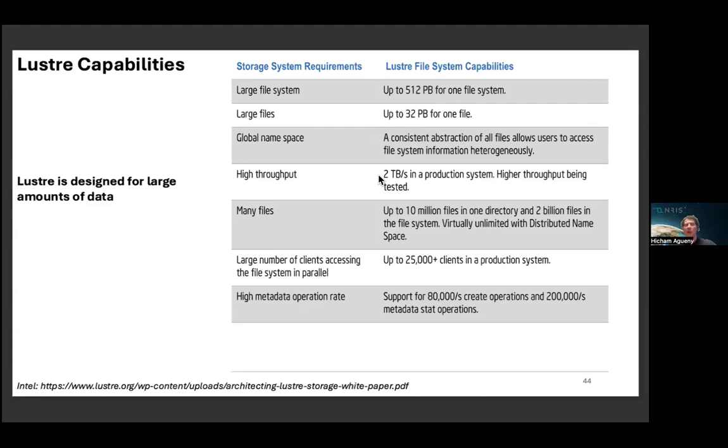Lustre also comes with high throughput, up to 2 terabytes per second in production systems, and it can support up to 10 million files in one directory and up to 2 billion files in the file system. It also supports up to 25 clients, login nodes and compute nodes.